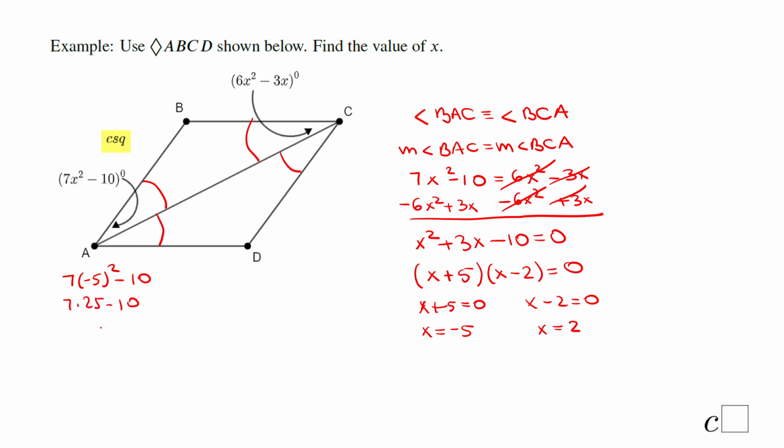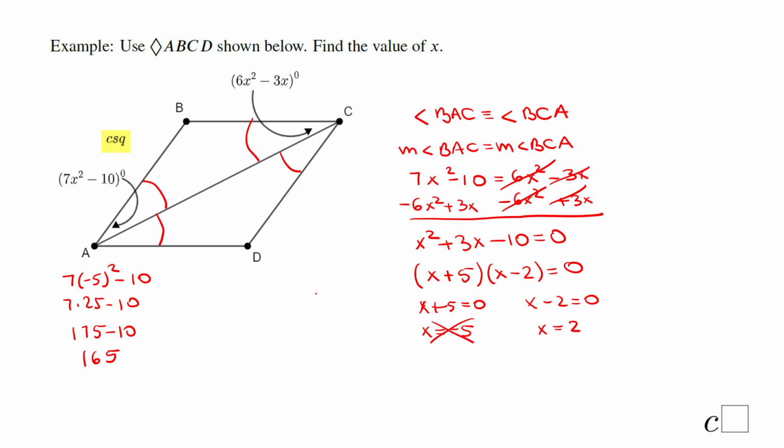And 7 times 25, that will be 175 minus 10, and that will be 165. Okay, so is it possible to have an angle like this, 165 plus another 165? That doesn't really work, right? So I will say from a geometrical point of view, this solution is not okay.